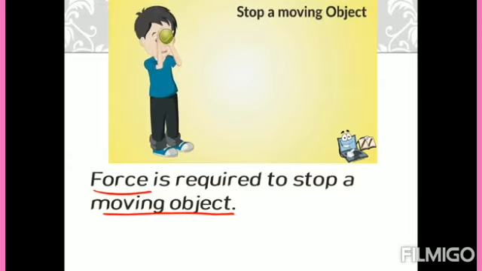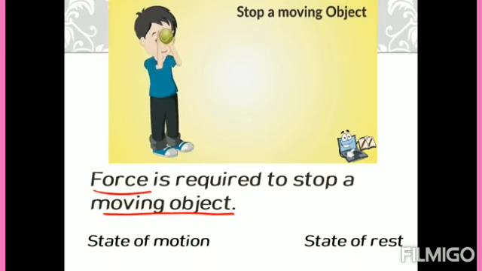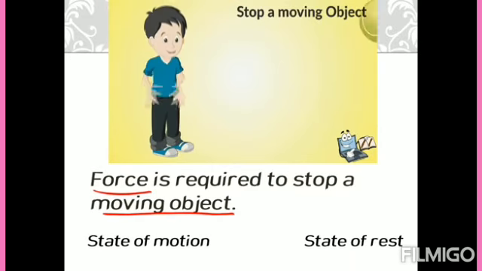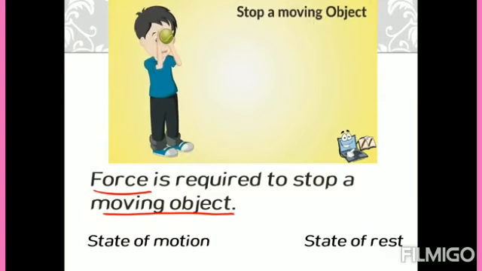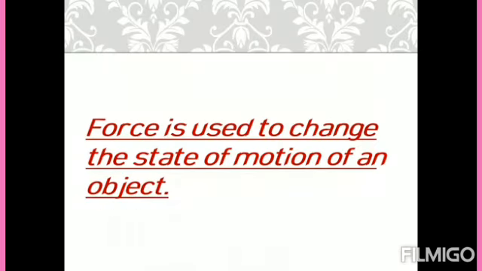So you can see that the state of motion of the ball has been changed to the state of rest due to the application of force. Finally, we can say that force is used to change the state of motion of an object.